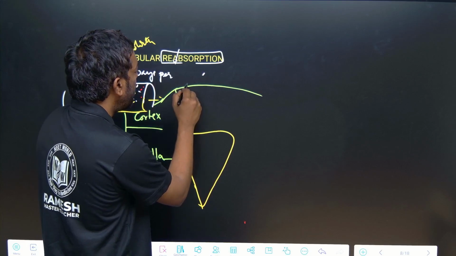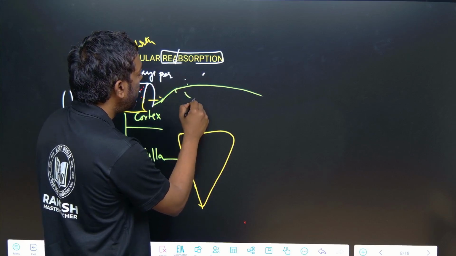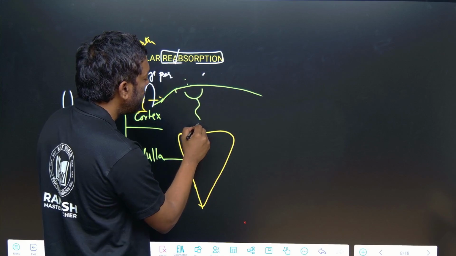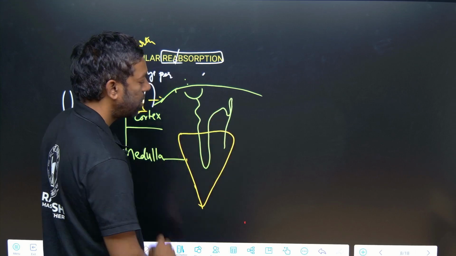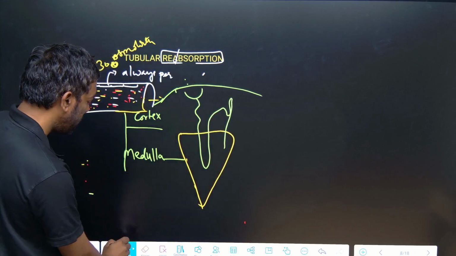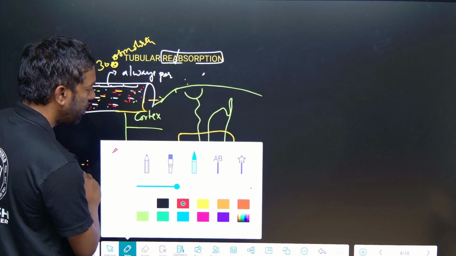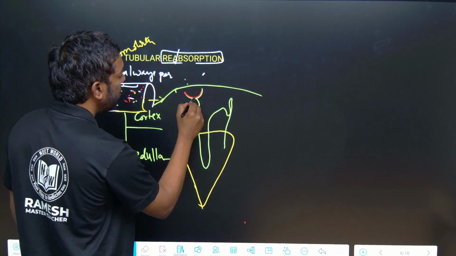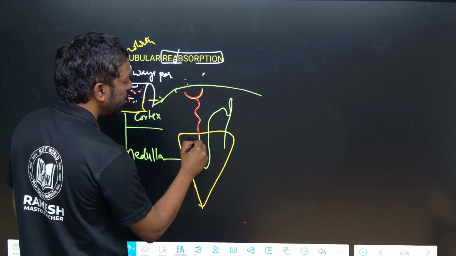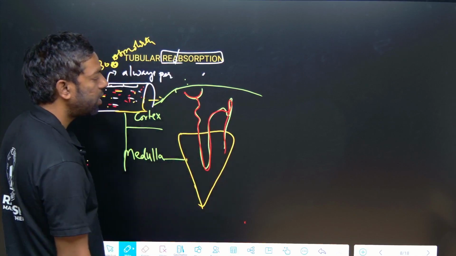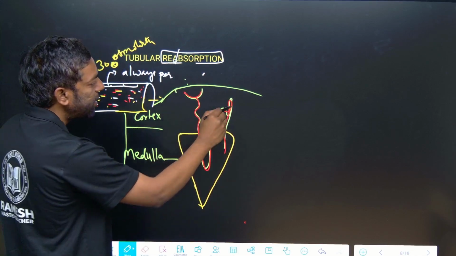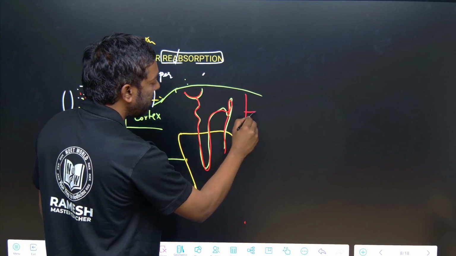The nephron goes from the cortex to enter into the medulla. Each region has its own osmolarity.